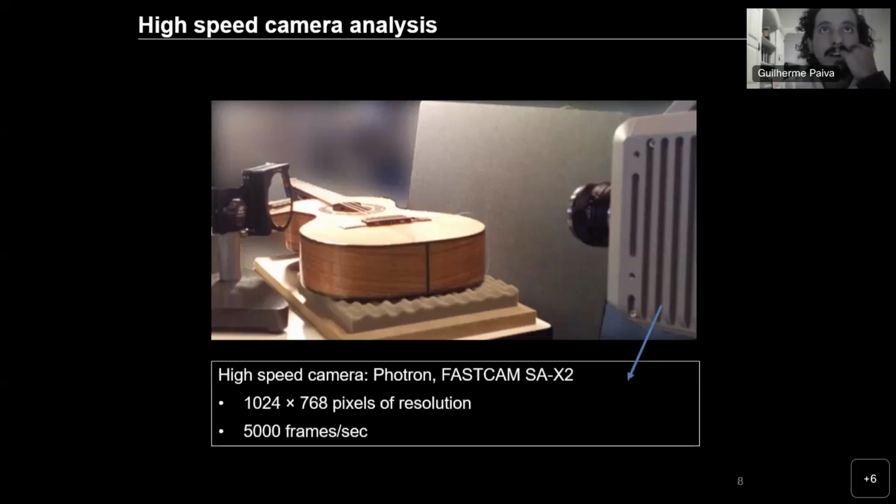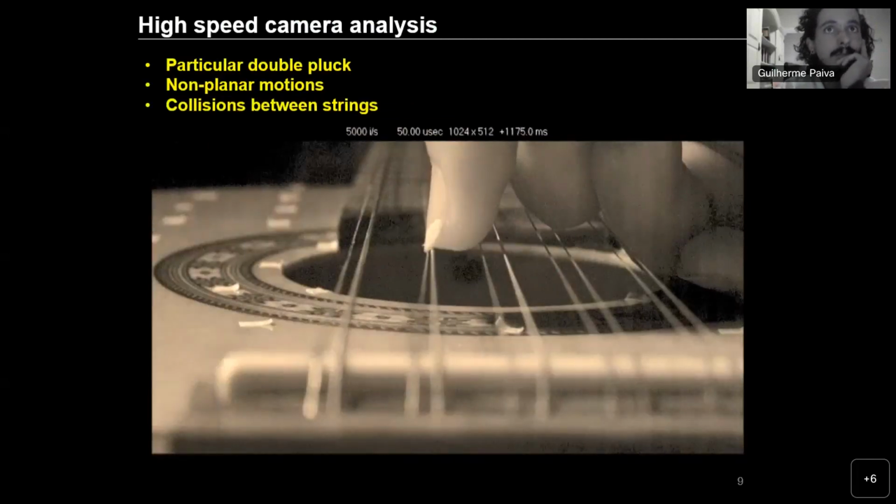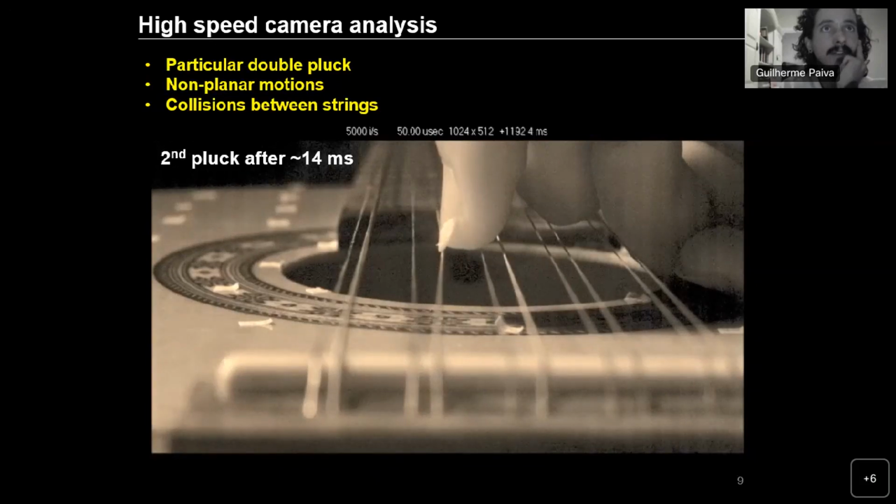Okay, so in this first video that we obtained, the typical pluck of a string pair is analyzed, at which we can note a particular double pluck. Okay, I'm gonna play it. So the first pluck, this first string is plucked, the second string is plucked at 40 milliseconds.